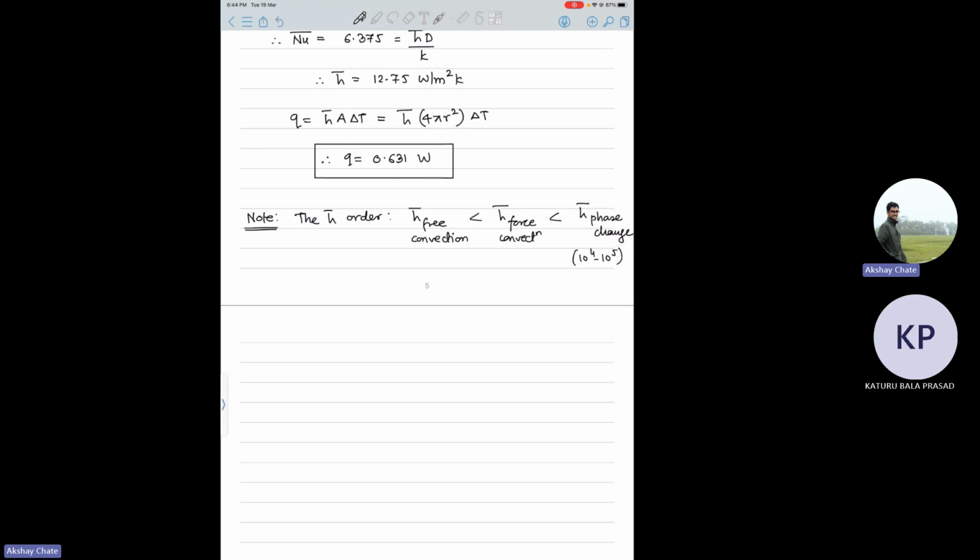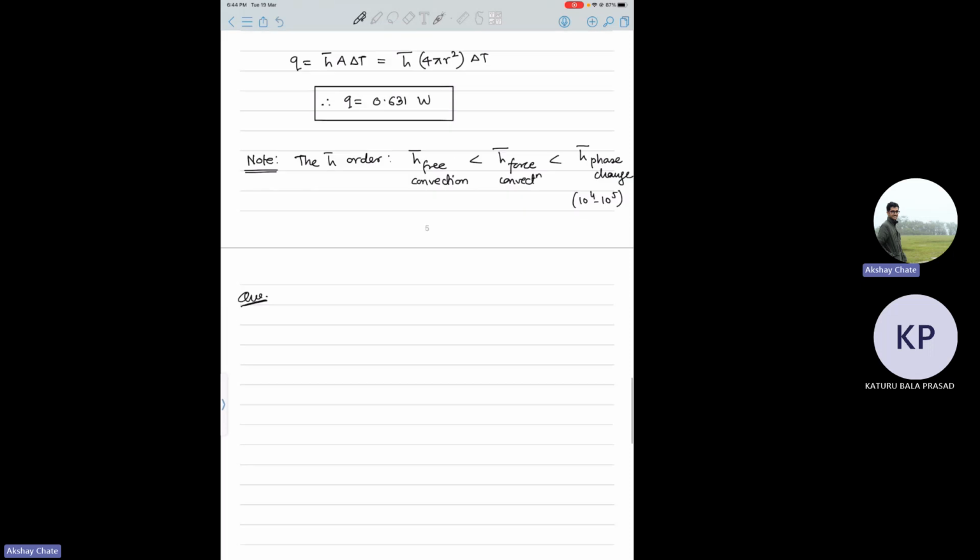Yeah. So let's say this is another type of question. It is mentioned that there is a flat plate like this. It's 2 meter in height, 2 meter in width. T infinity is 25 degrees Celsius.